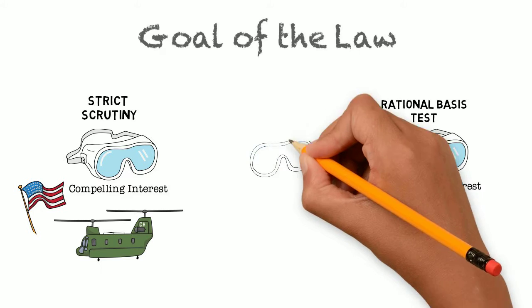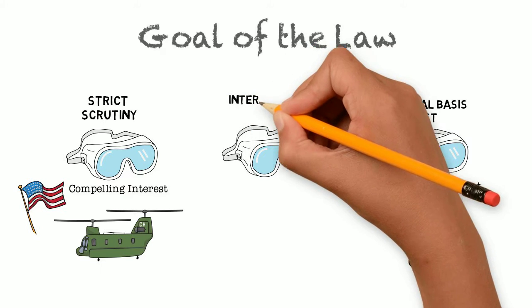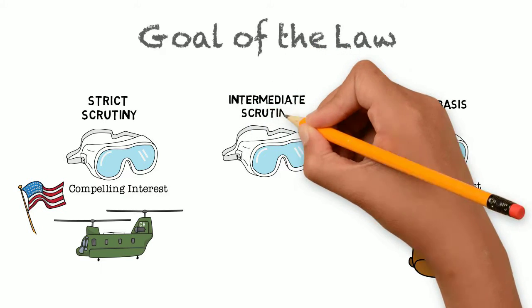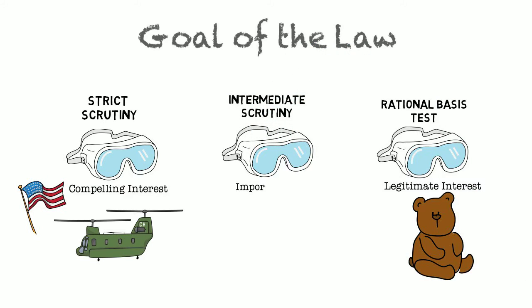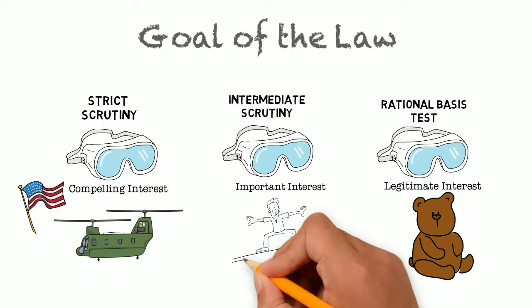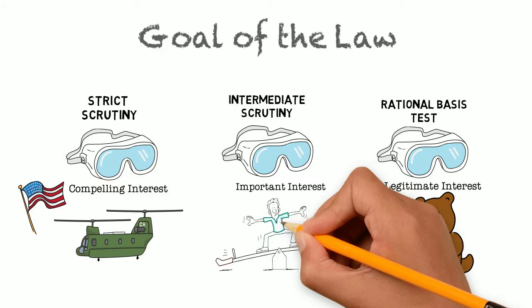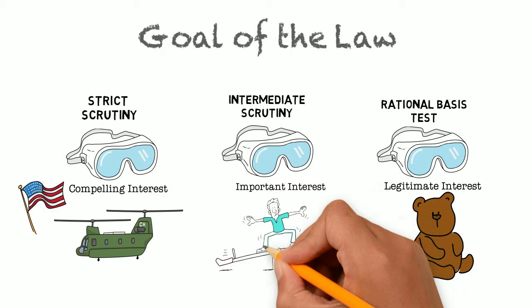Then there's the intermediate scrutiny. If the court were to apply intermediate scrutiny, then the goal of the law must be substantially related to an important government end. An important government end is something more than a mere legitimate end, but still not as stringent as a compelling end that's required under strict scrutiny.